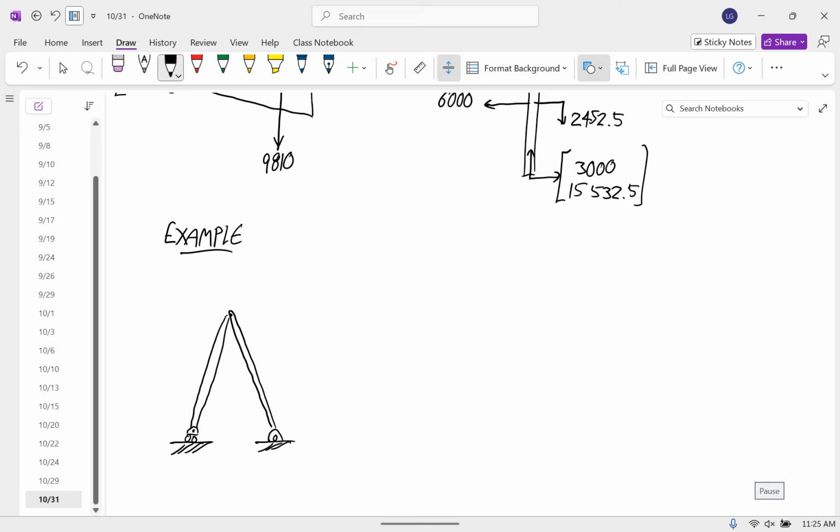And then a cable connecting it to the wall. And let's say each one of these angles is 80 degrees. And the lengths of each member will make it 2 meters. And the mass of each member is 20 kilograms.